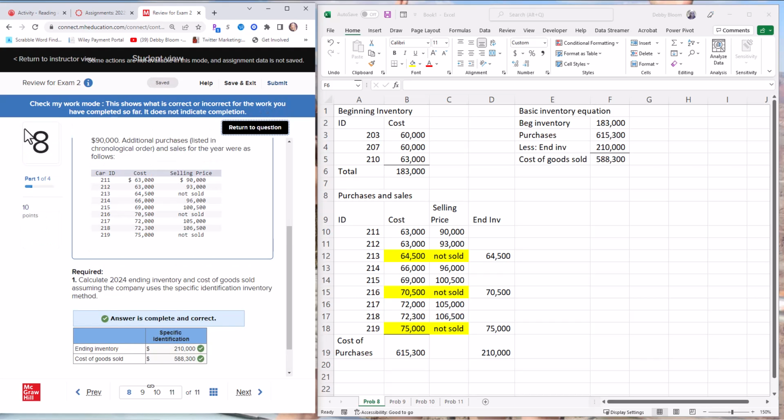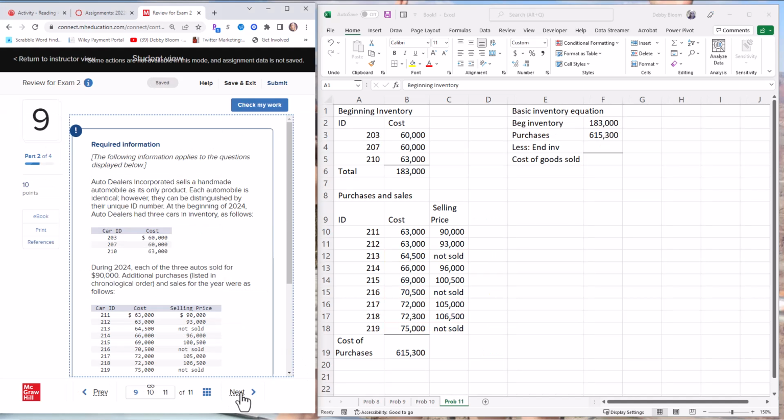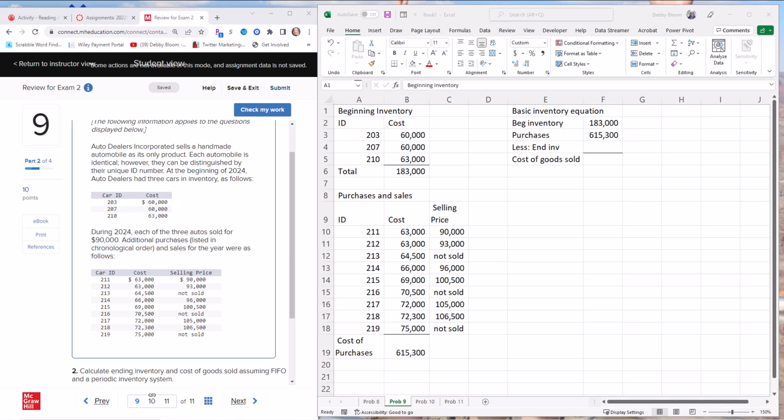Now let's move on to problem number 9. In problem number 9, we're using exactly the same data, but we're told to calculate ending inventory and cost of goods sold, assuming FIFO and a periodic inventory system.